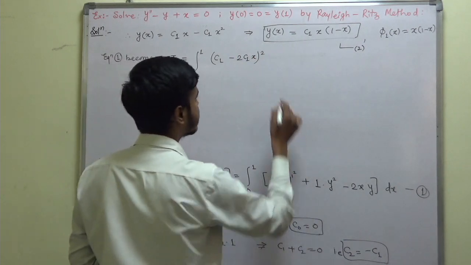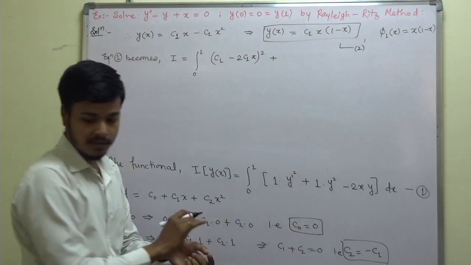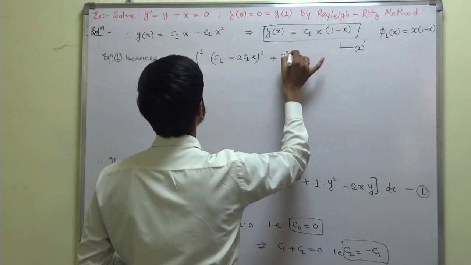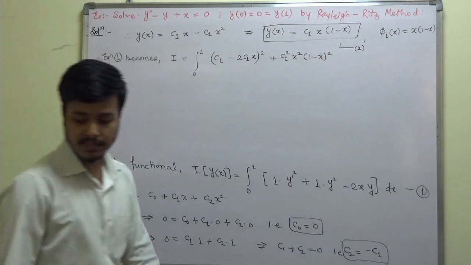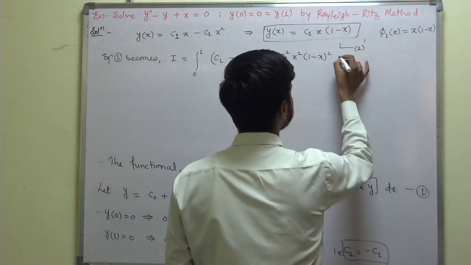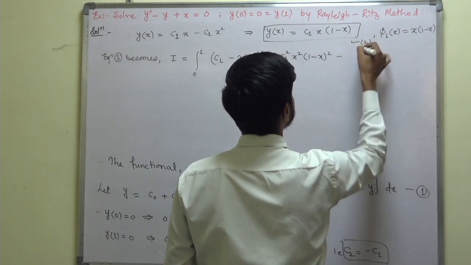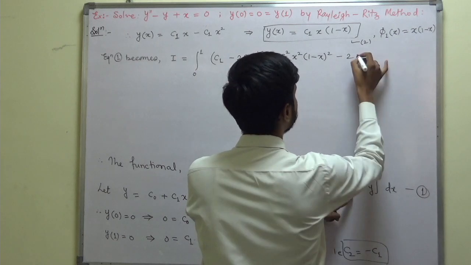Okay, plus y square. What is y square? This is c1 square x square (1 minus x) square, minus 2x times y.